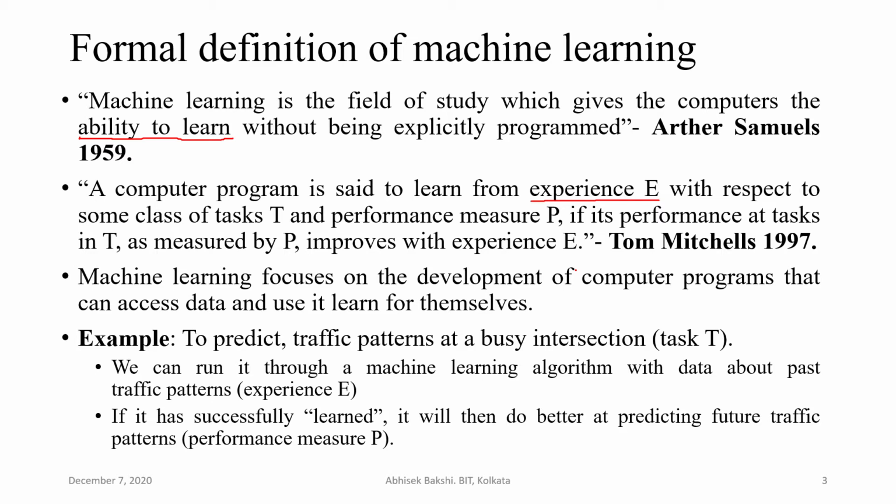Different types of cases means when something is taught to you, we look at it from various perspectives. Those various perspectives are different types of class of tasks, and some performance measure P. This performance measure is the exam. After reading the two chapters, I ask you some questions which I have not taught you.